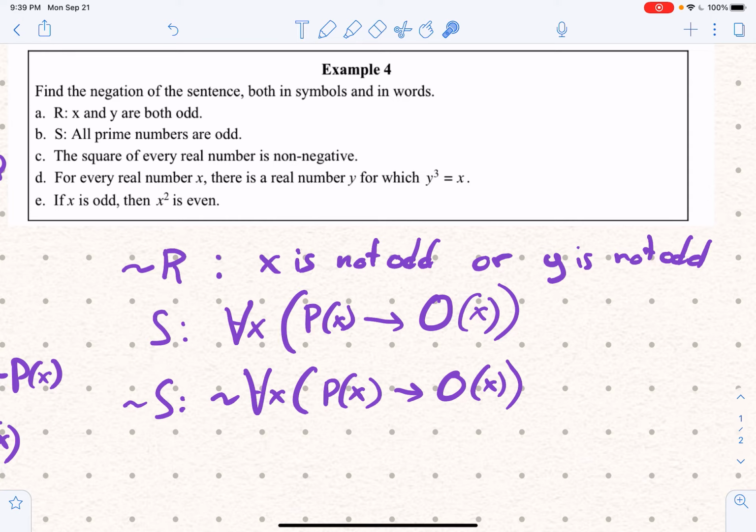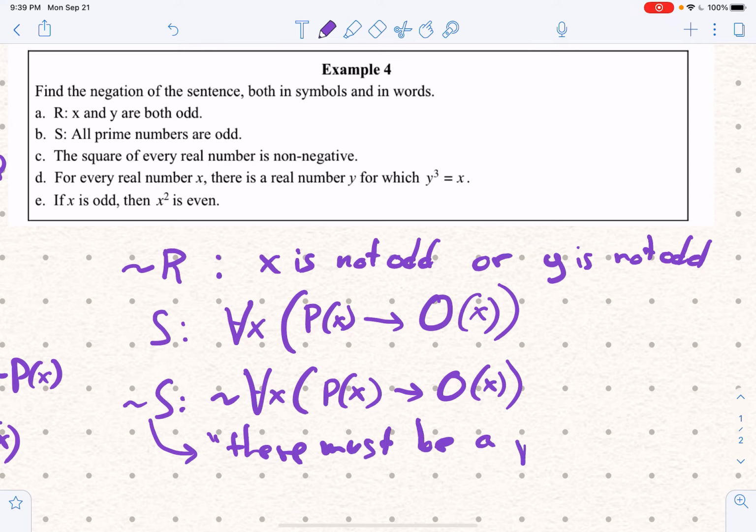Okay. So let's see. All prime numbers are odd. What's the negation of that? If it's not true that all prime numbers are odd, then there must be a prime number that's not odd. So if not S holds, there must be a prime number that is not odd.